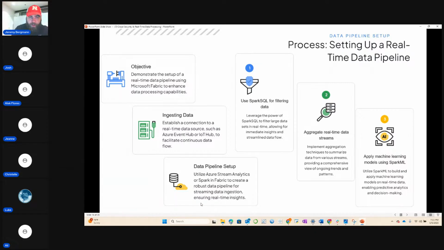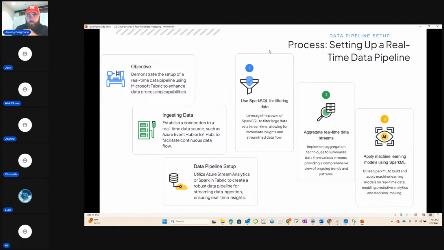Then you would set up a pipeline. You could process some of this data in Spark. You could process it in KQL to create that robust data pipeline for data that just continually comes in.